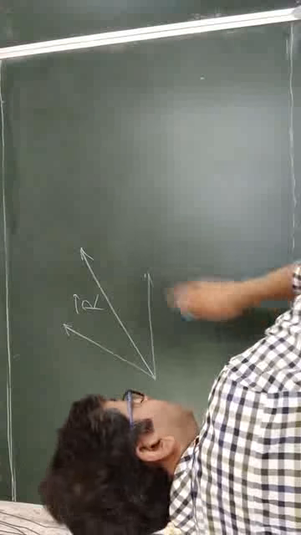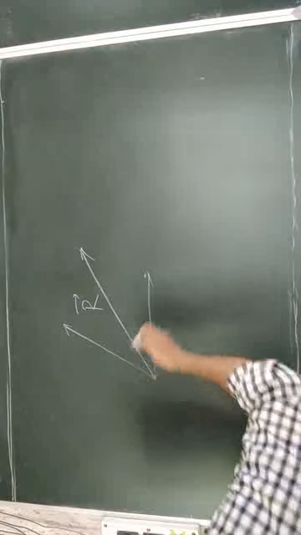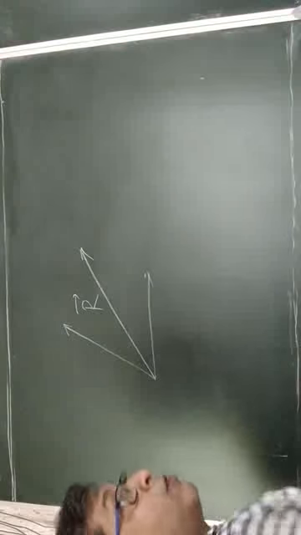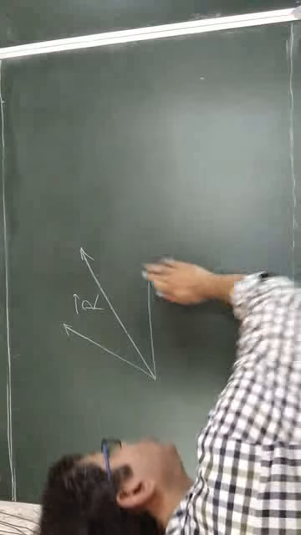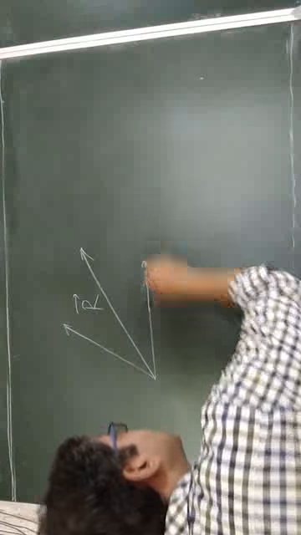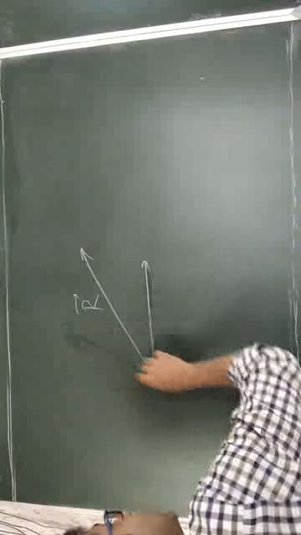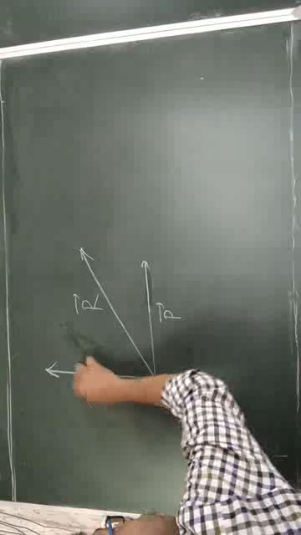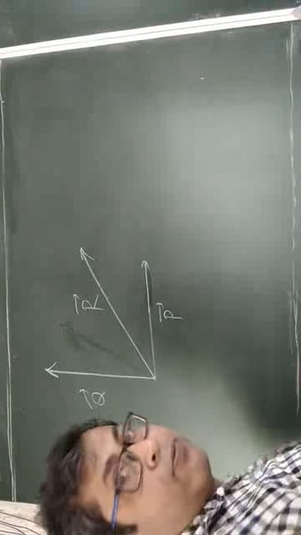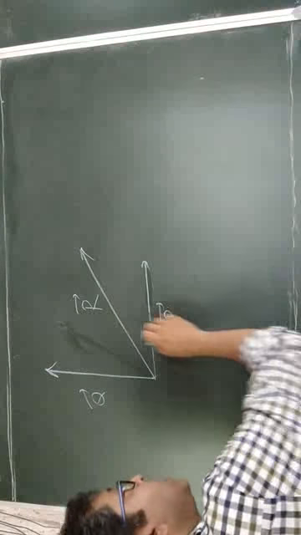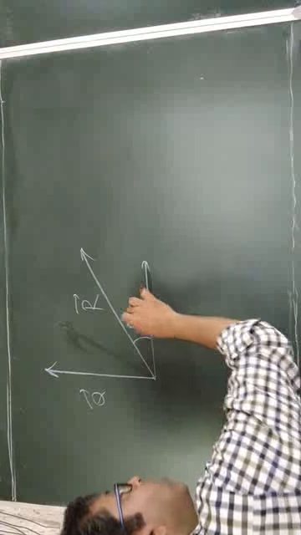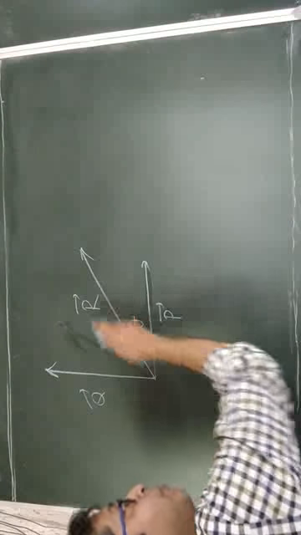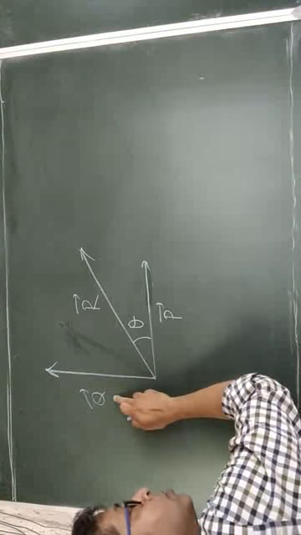We saw both cases, mutually perpendicular and mutually non-perpendicular. Of them, the mutually perpendicular case: this is the p vector, this is the q vector, and if the p vector is at an angle of theta with r, r breaks into p and q.